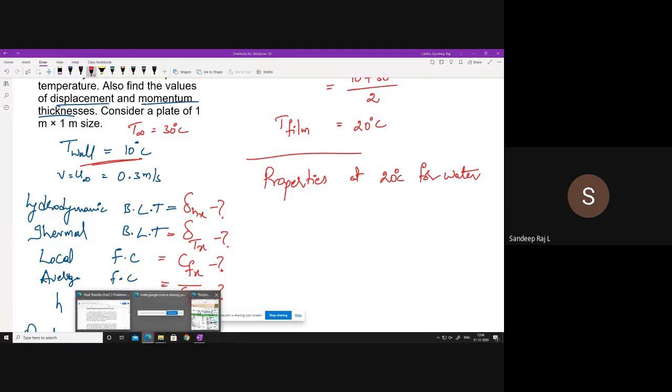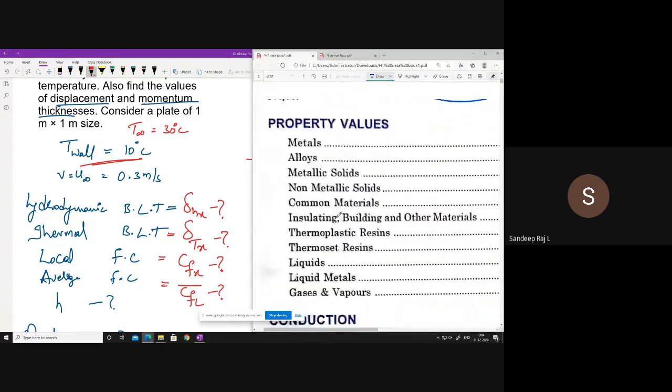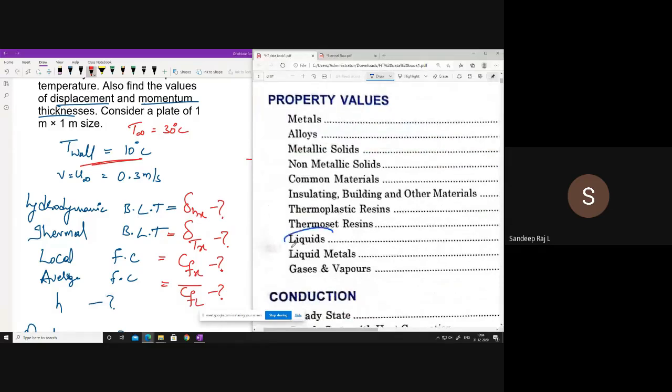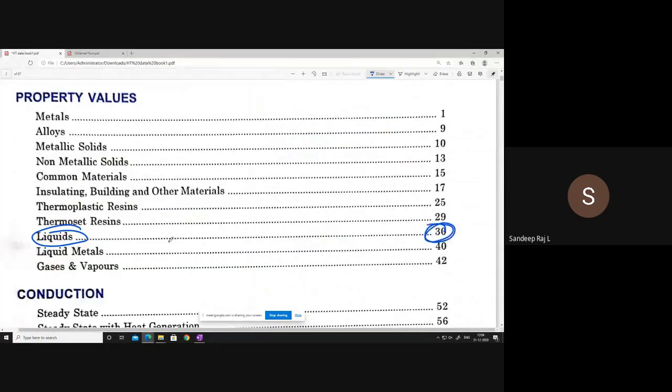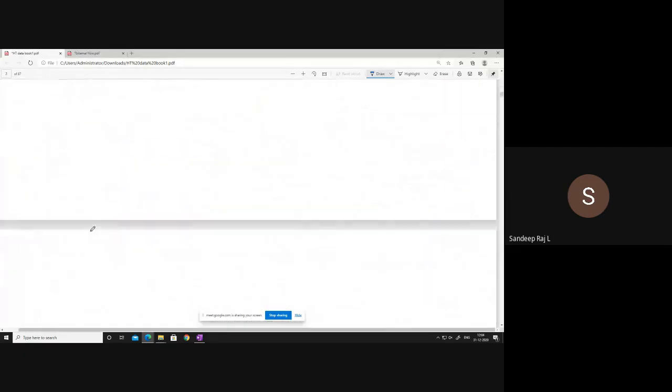In your data book, go to the water page. You will have it on page number 30. Page number 30, you will have liquids. Starting from 30, you will have water there.